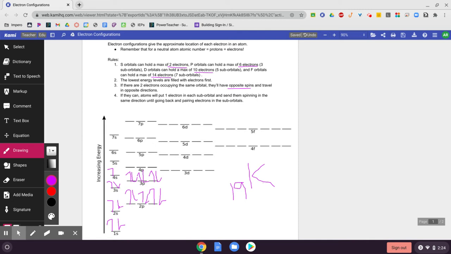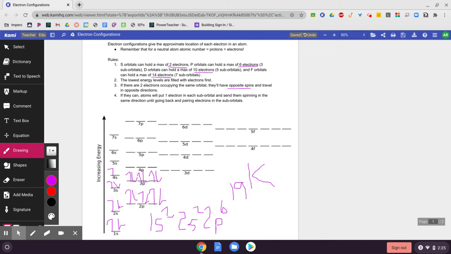So it starts with 1s, and there are 2 electrons in the 1s orbital. And then we filled the 2s orbital, so 2s2. Then we filled the 2p orbital, and we put 6 total electrons there. So we're going to write 2p6.